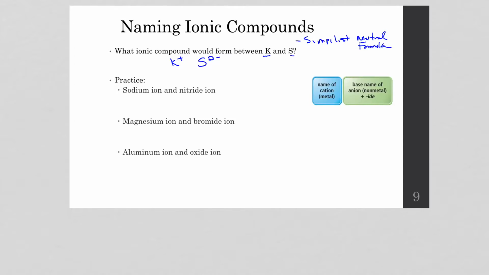And so if I have a positive 1 and a negative 2, I can tell that I'm going to need 2 of the positive 1s, or 2 of the potassium positive 1s, to match up with the 2 minus on the sulfur charge. Now, another way that we can do this, especially if we get a little more complicated, is this little shortcut: you can take the charges and do this crossover thing, where the charge becomes the subscript of the opposite.